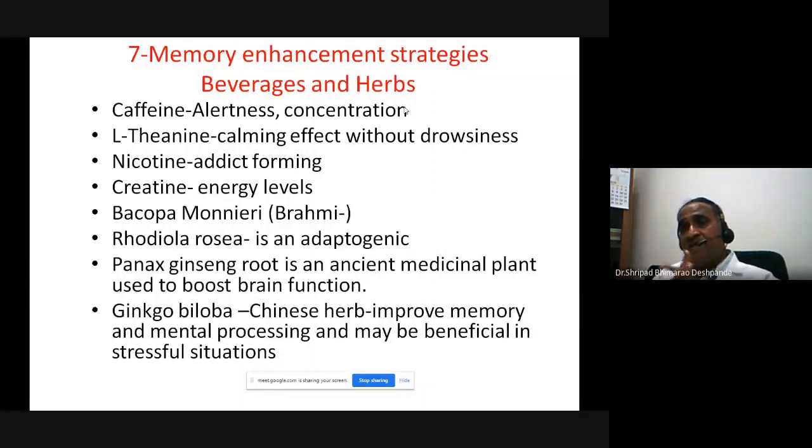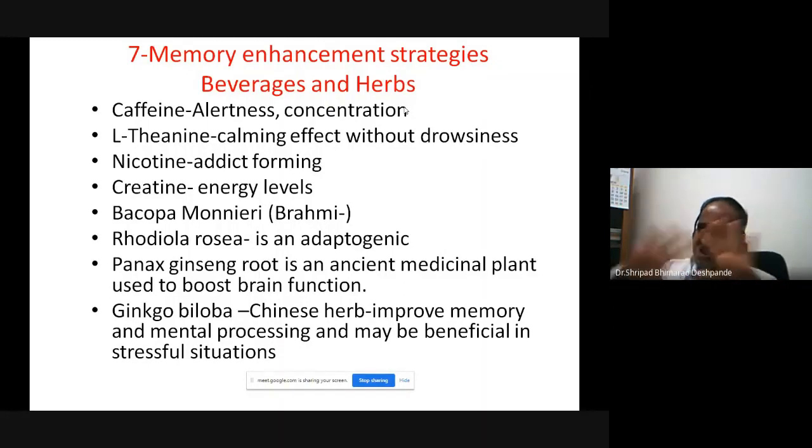Ginseng is a sort of a root, and again it's a medicinal plant that is mentioned to improve brain function, especially the memory. So now you have ginkgo biloba alkaloids. It's a Chinese herb that will improve the memory and the mental processing and may be beneficial in stressful situations.